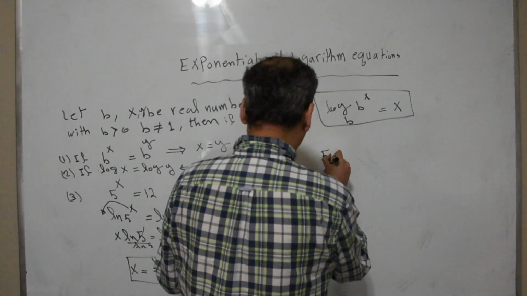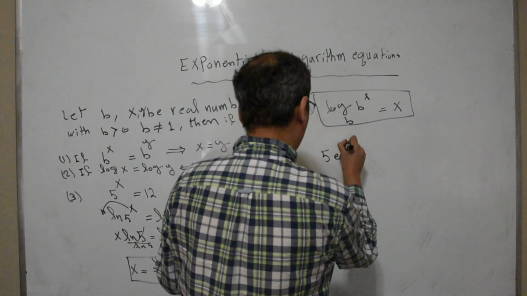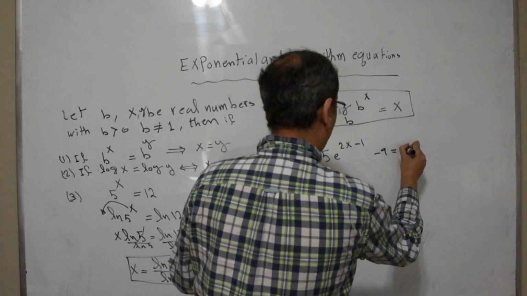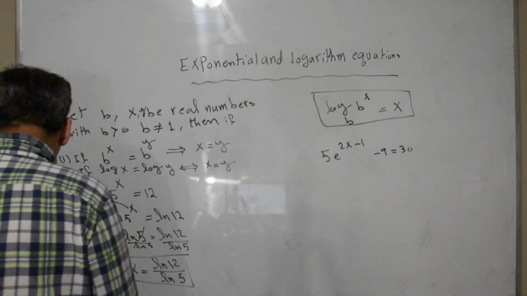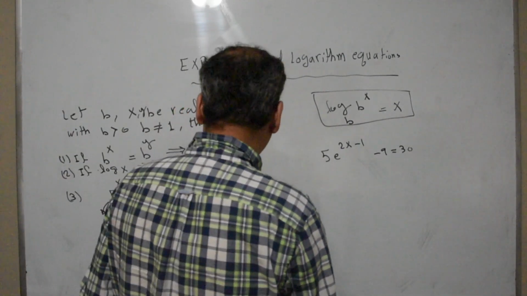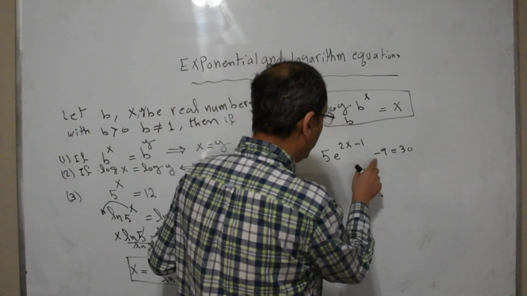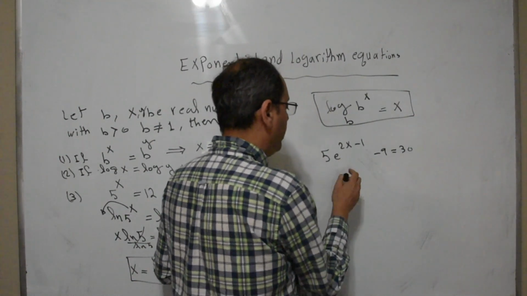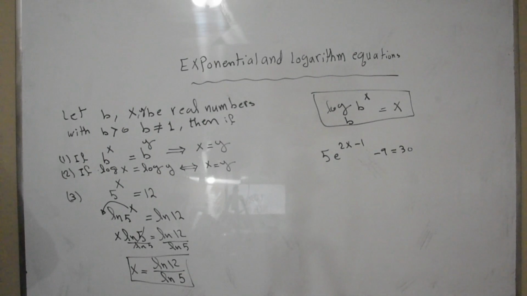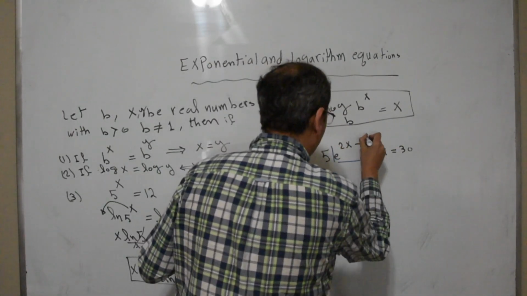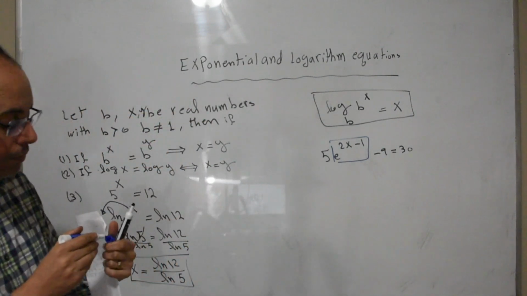So I have here 5 e to the 2x minus 1, minus 9 equals 30. So here's the point. I need to isolate the exponential term.